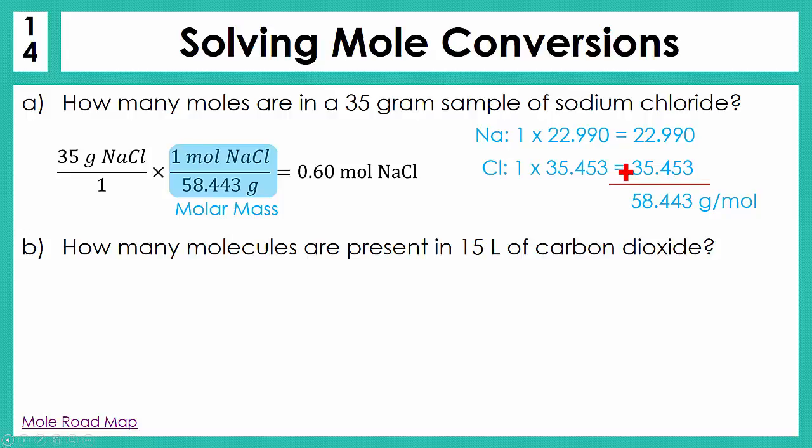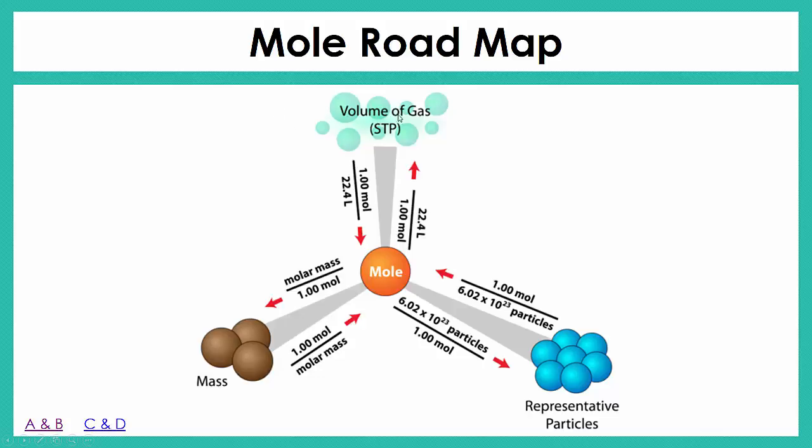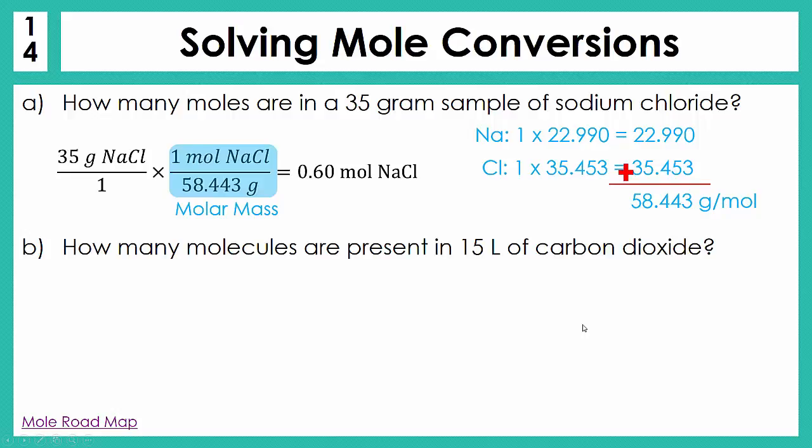Next, how many molecules are present in 15 liters of carbon dioxide? So I'm starting here with 15 liters, and I want to get to molecules, which are particles. So I need to change liters of gas into moles, and then moles into particles. So I accomplish that.